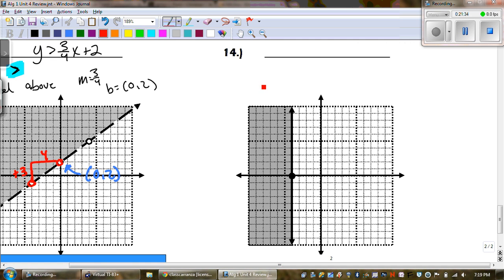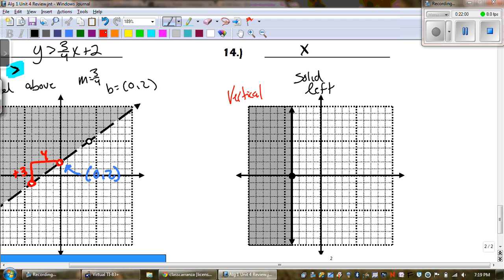All right. This is a special case because it's a vertical line. If it's a vertical line, it's going to have an x. Okay. But I still need to know, is it solid or dotted? Okay, it's a solid line. And did they shade to the left or to the right?